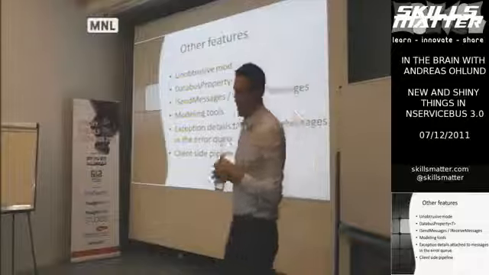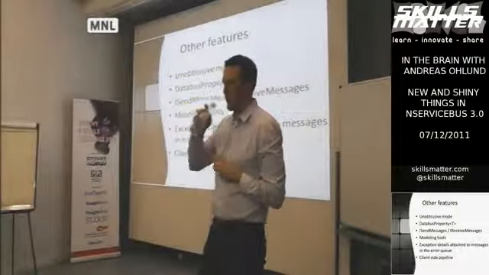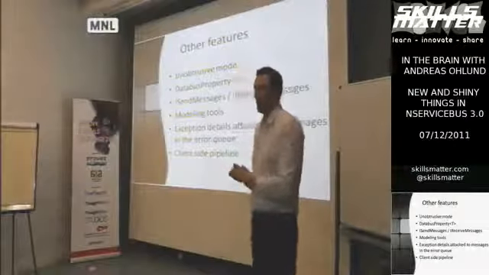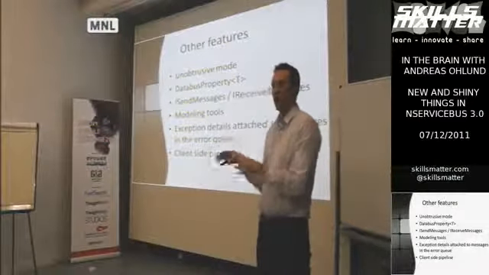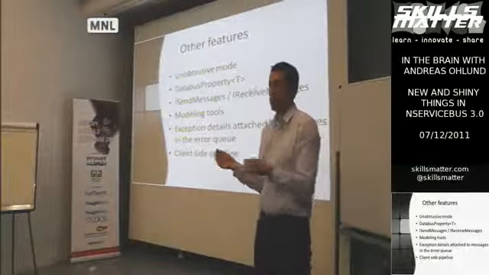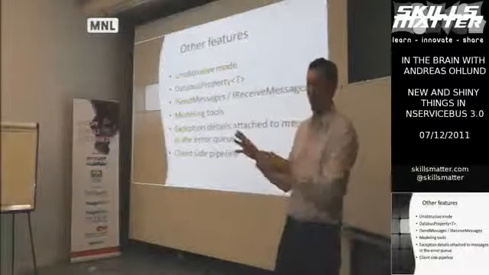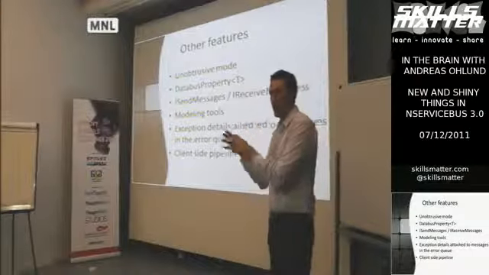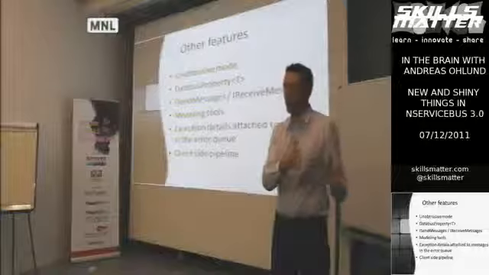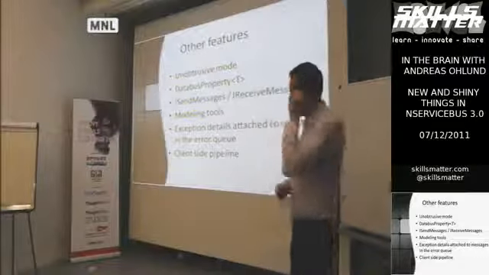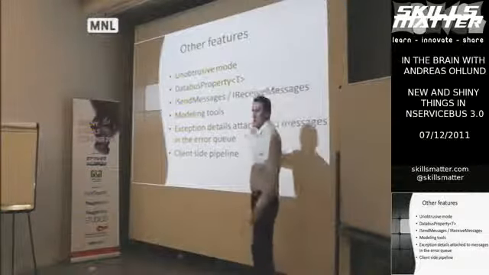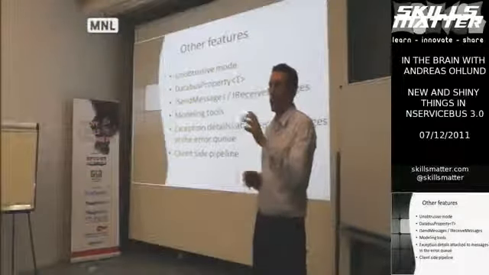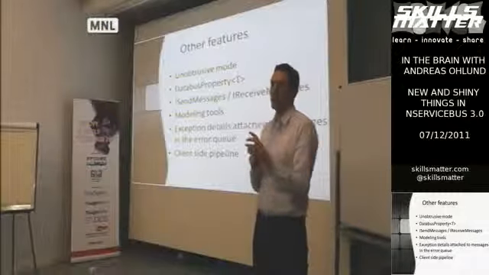Another small detail that has been really wanted is the exception details in 2.6. If you want to know why a message ended up in the error queue, you would have to go and scan the logs to find the log entry with that ID to figure out, oh, so that message is in the error queue because we were out of disk space on C. In 3.0, we're actually attaching those details as headers in the actual message, which means that you only need to look at the message in the error queue, and you can see, okay, why did this message fail?